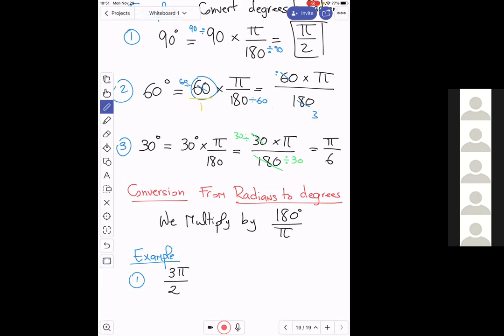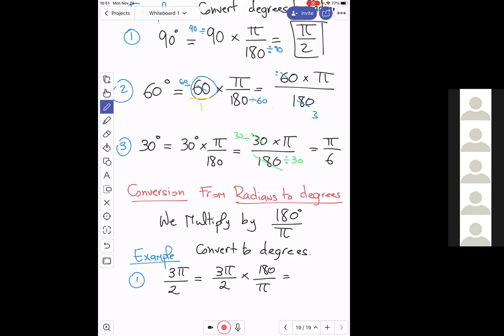This is in radians, and you want to convert to degrees. All we need to do is multiply by, as I said, 180 over pi, right? Here we can cancel out the pi, since you have a multiplication in the top and in the denominator.